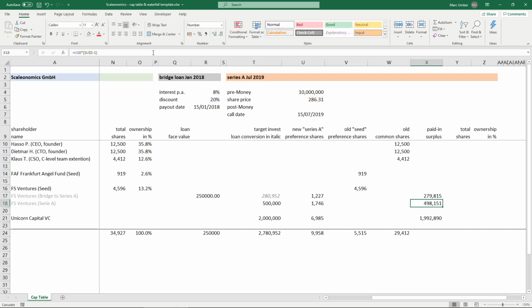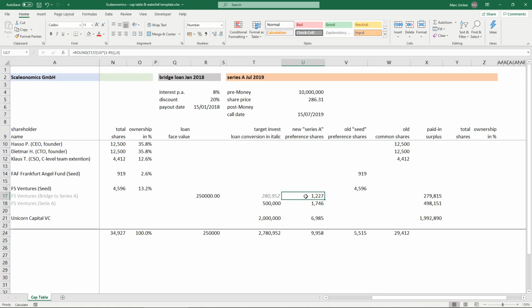Now let's check our formula. This looks very good. So overall, we have 281,042. So there will be a slight difference between the loan conversion. Now, there's two ways of how to deal with this in practice. One way would be simply to ignore that. From a tax perspective, this would not be according to German law.